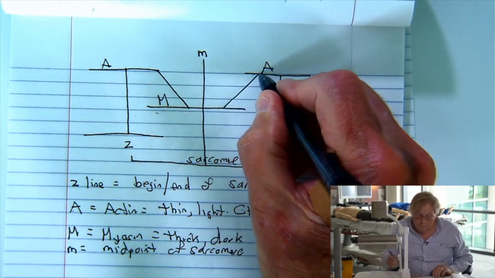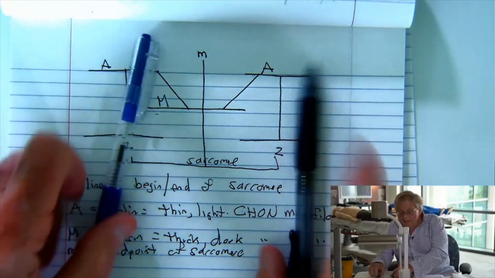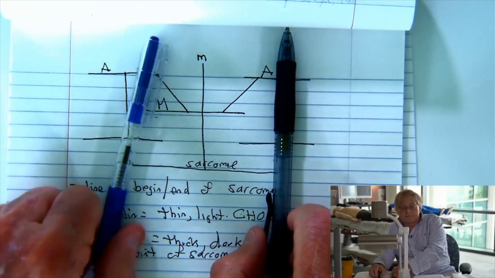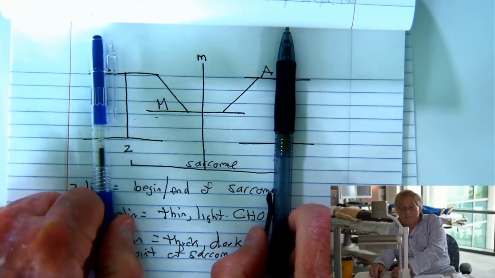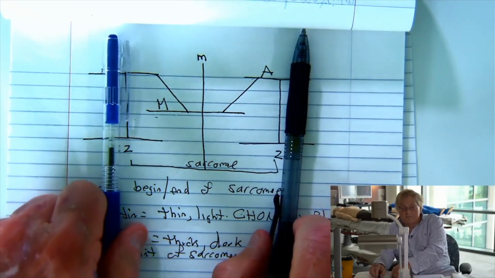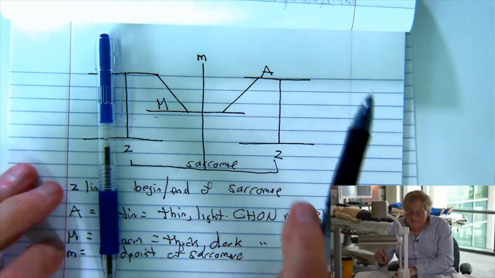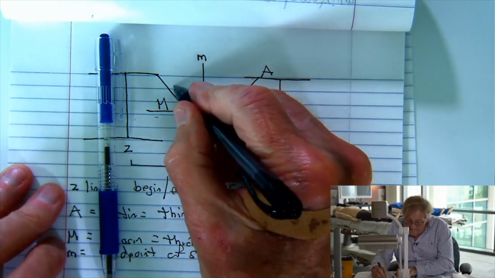And again, I'm oversimplifying. But if I look at this drawing here, here's this Z line and here's this Z line, and in order for this muscle to contract, I want these two pens to come together. The only way I can do that is I've got to take this Z line here.